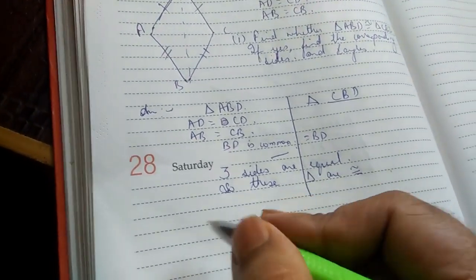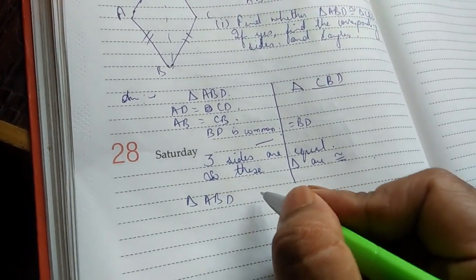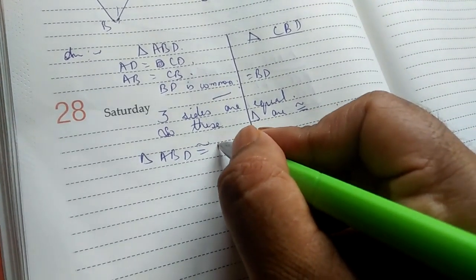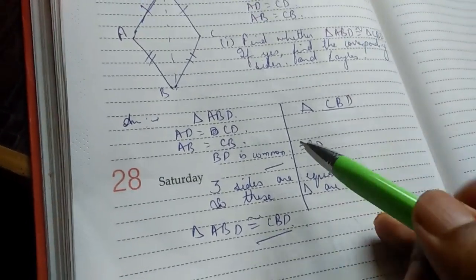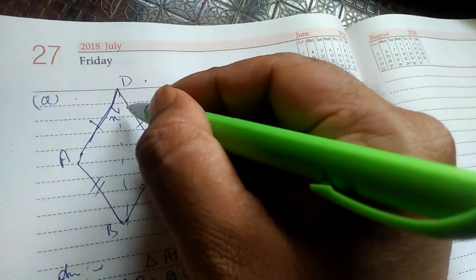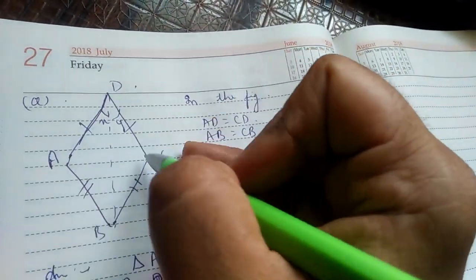Okay. So triangle ABD is congruent to triangle CBD. Now this particular angle X is equal to this particular angle X. This is the corresponding side.